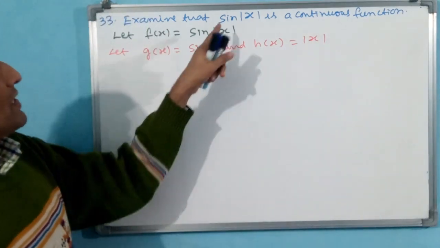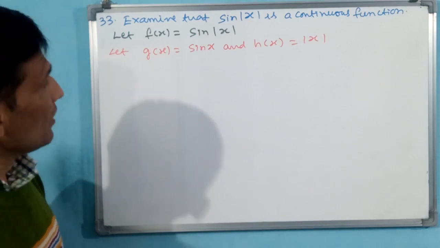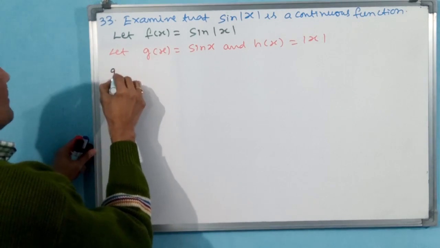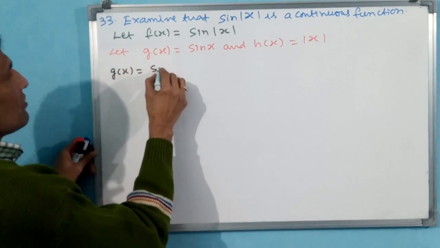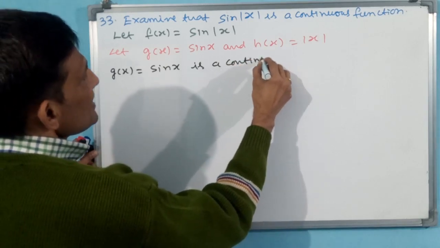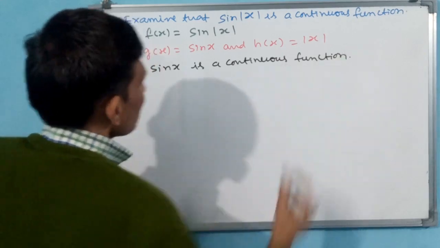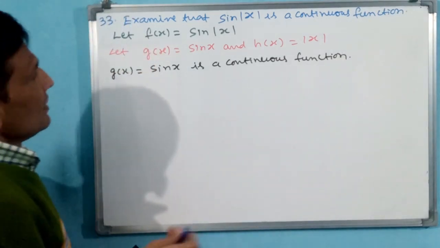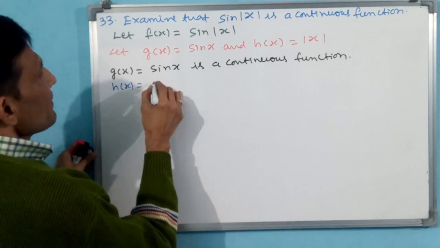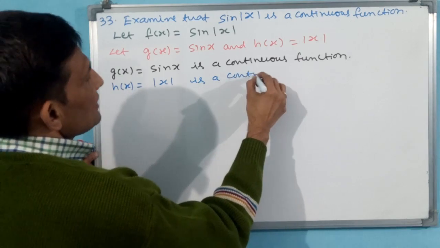First one g, next one h. Now you write g of x is equal to sine x is a continuous function. Next also h of x, that is equal to modulus x, is a continuous function.